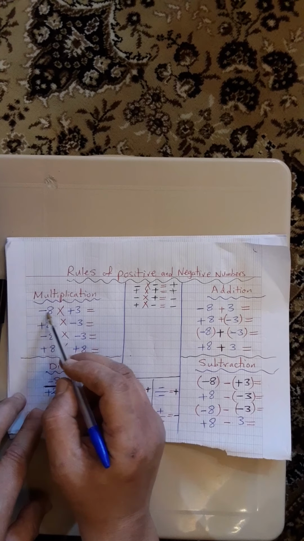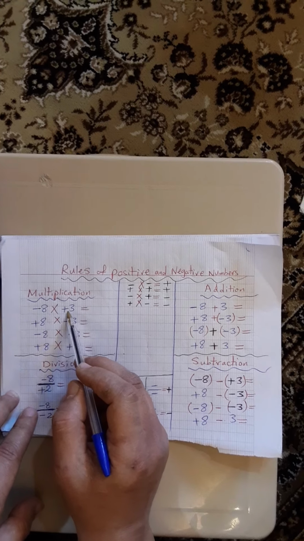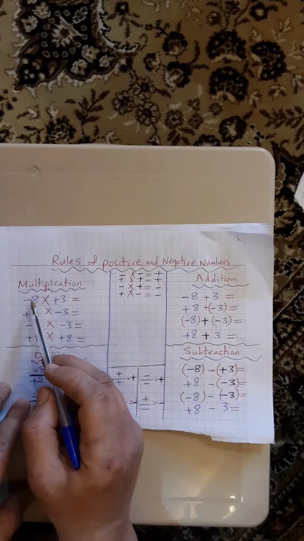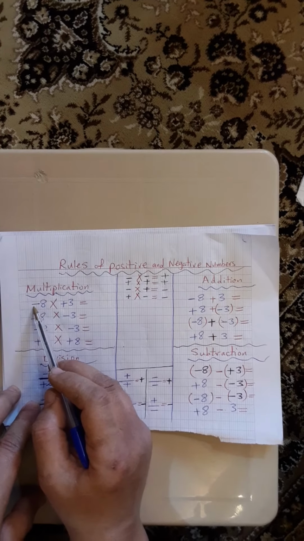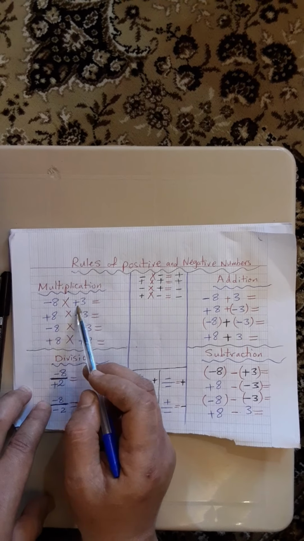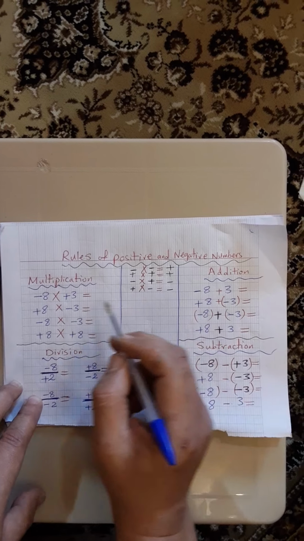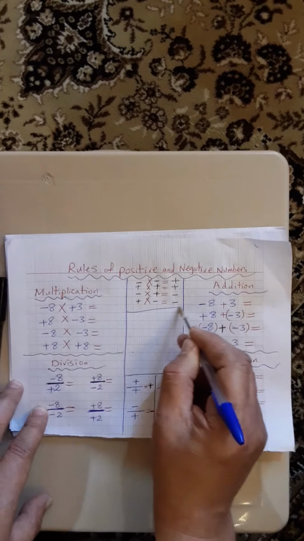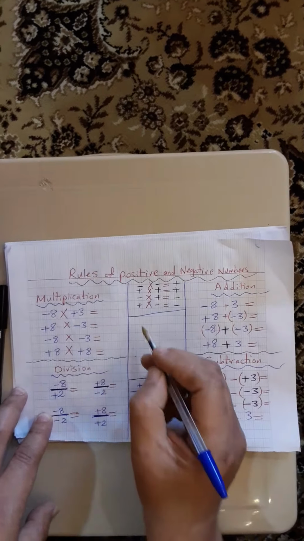Multiplication: minus 8 times plus 3, using the signs of the values 8 and 3. Minus 8 times plus 3, if the signs are different in multiplication or division.